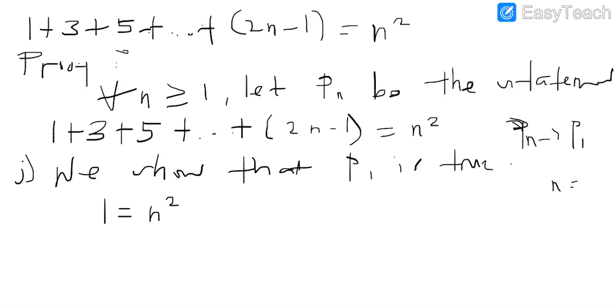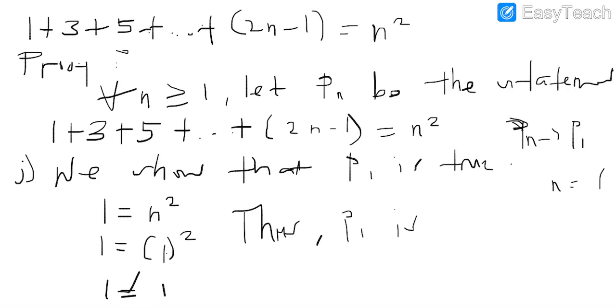So n is equal to 1, so we will substitute 1 for n. Copy the left side, 1. Now n is 1, so we have 1 times 1, that is also 1. Thus p sub 1 is true.